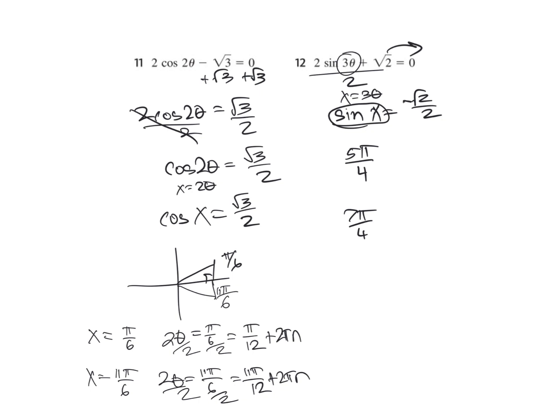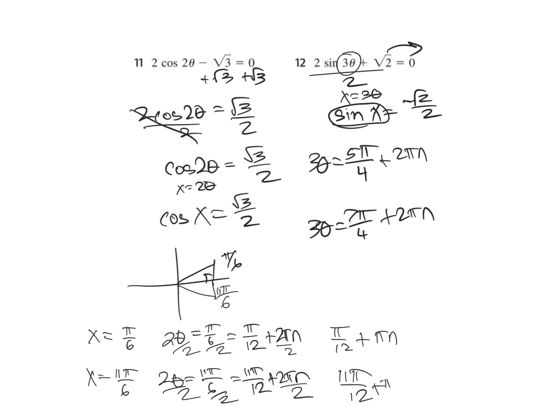So we have to set 3 theta equal to those. Okay, but remember this is plus 2 pi n. And I see I didn't do that over here. So really you should have divided these totals down here by 2. So this answer on number 11 should be pi over 12 plus pi n and 11 pi over 12 plus pi n.